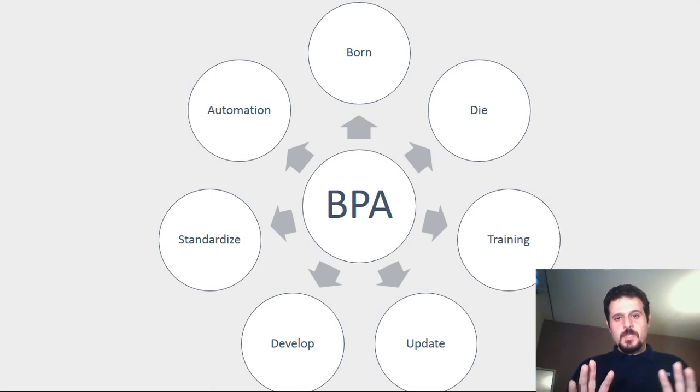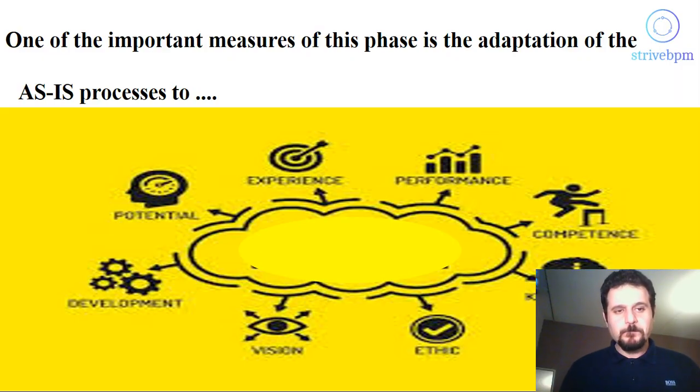We find some activities where there isn't enough software at the moment, and we should develop it, and it can help you to standardize the processes, or a solution can be automation of the processes, the result of BPA.